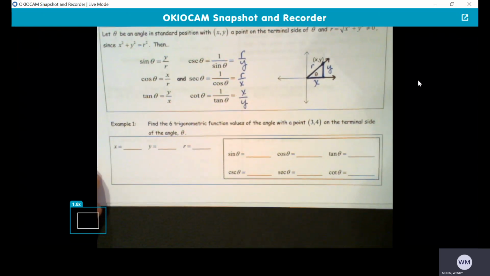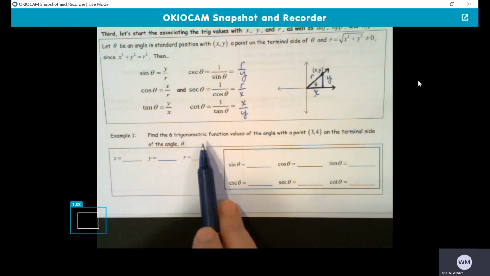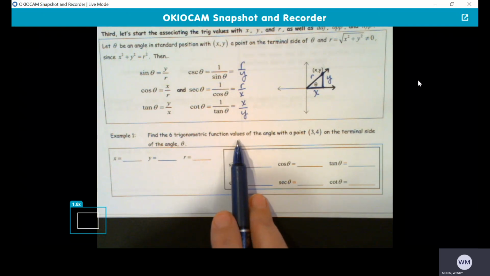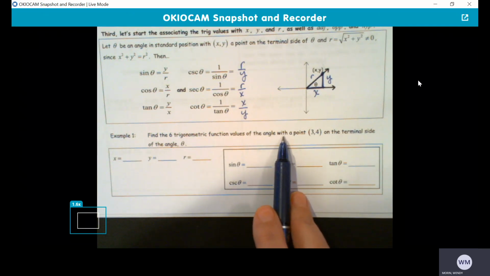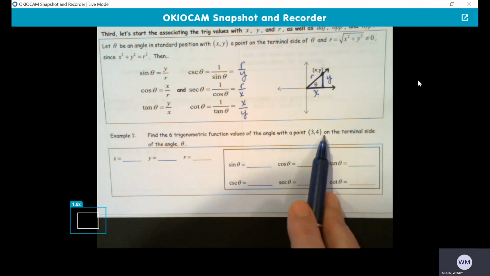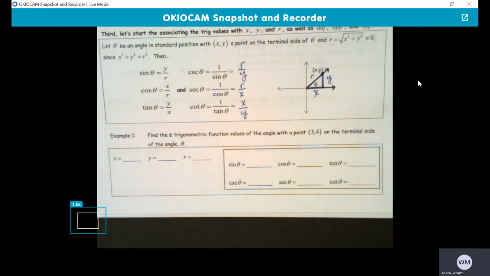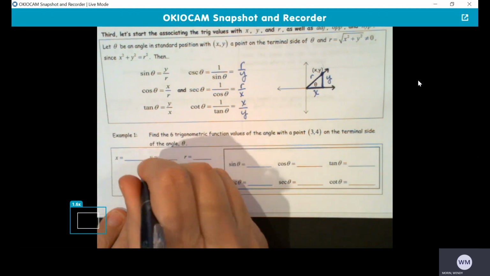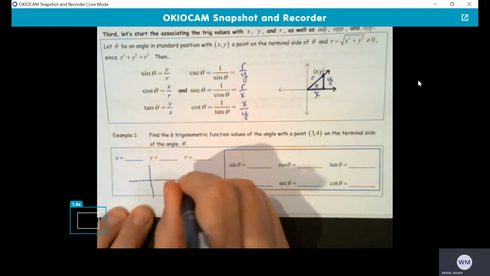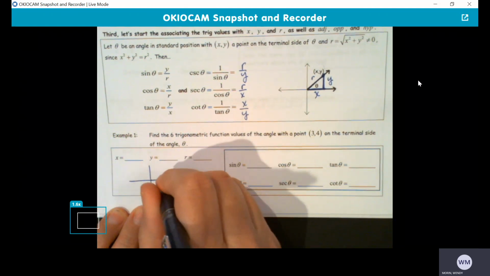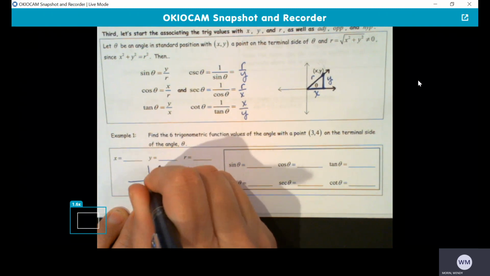All right, so let's take a look at example number 1 here. It says, find the 6 trig function values of the angle with a point 3, 4 on the terminal side of angle theta. Okay, so we're going to draw a picture with that given information. We're going to go over 3, up 4.